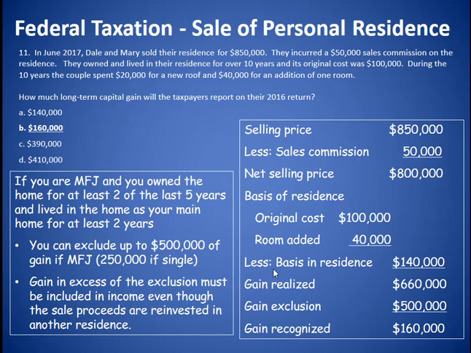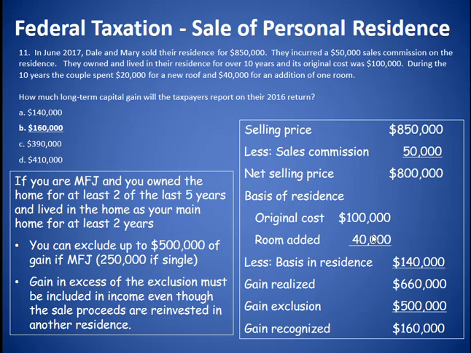$160,000, and it's computed as the selling price of the residence, $850,000, minus the sales commission on the residence, $50,000, so the net selling price is $800,000. Now we have to figure out the adjusted cost basis of the residence. That's going to be our original cost plus the room that was added, $40,000.